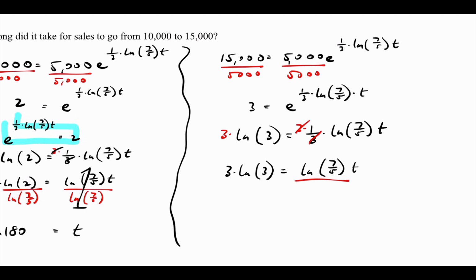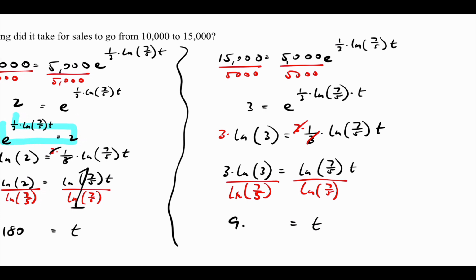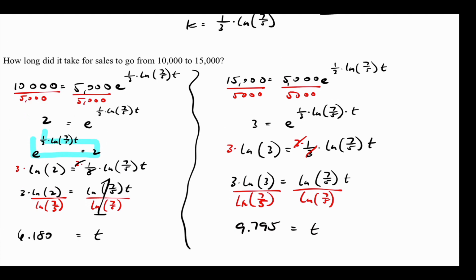Divide by the natural log you don't want. You get t equals 9.795.